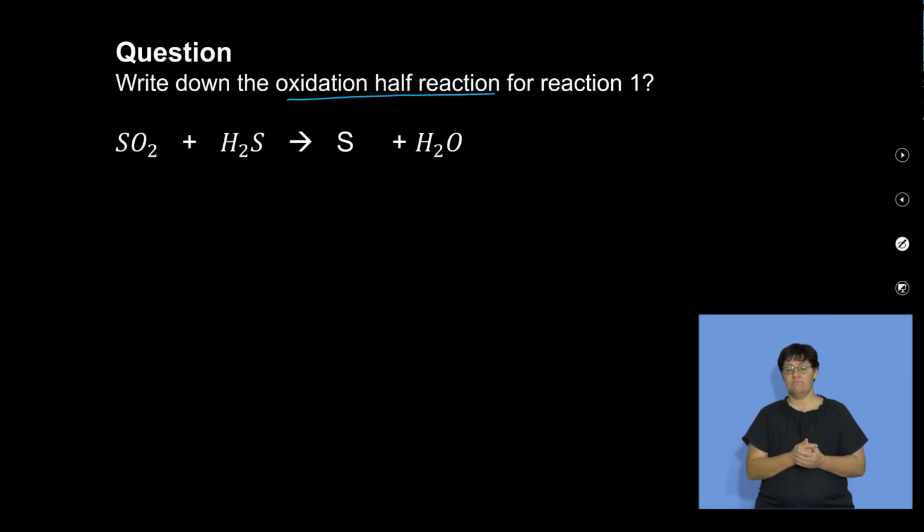Let's look at what is happening. In sulfur dioxide, oxygen is minus 2, and here this one is plus 2, so sulfur is plus 4 in this combined state, and here it's 0. Oxidation has to do with loss.